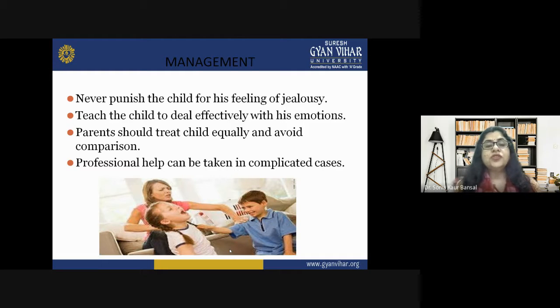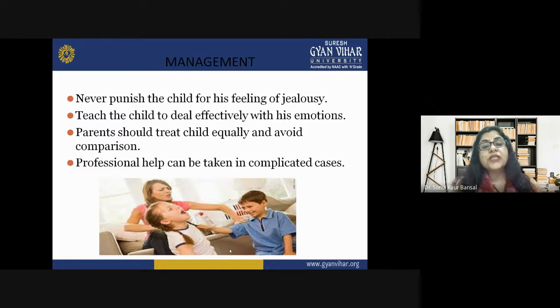Then teach the child to deal effectively with his emotions. How is the child going to deal effectively with his emotions? If anger is there, how should he manage it, by maybe drinking water, counting, playing with a toy, or repeatedly taking a name. So these are a few tricks with which you can manage your child's jealousy.